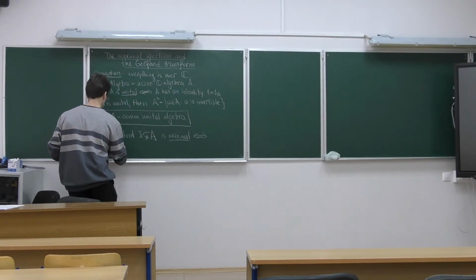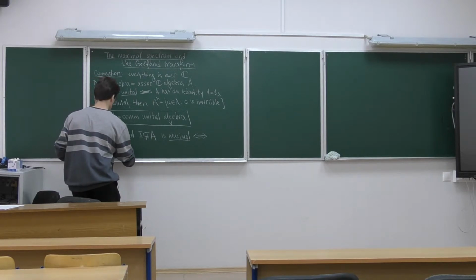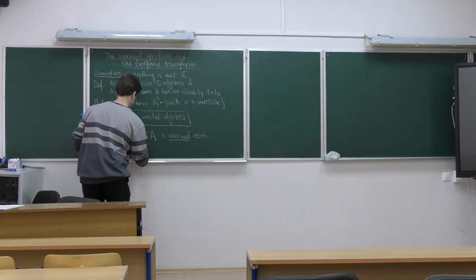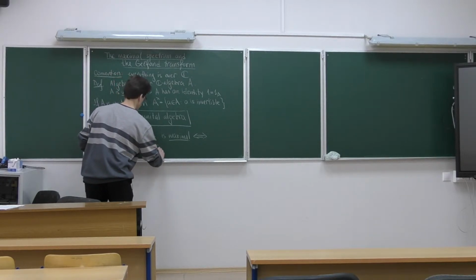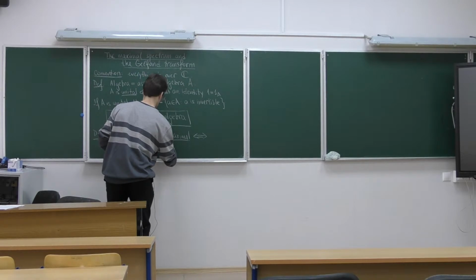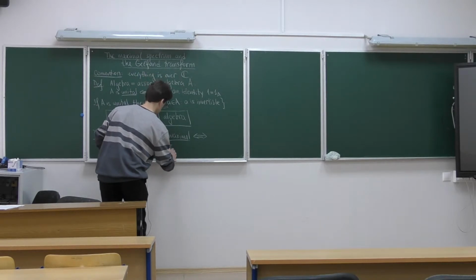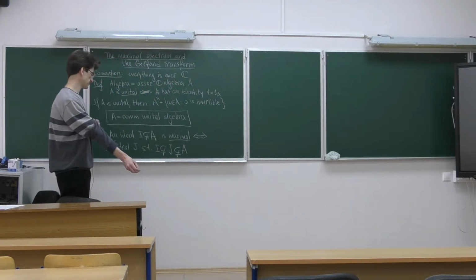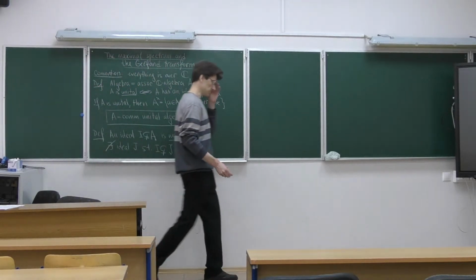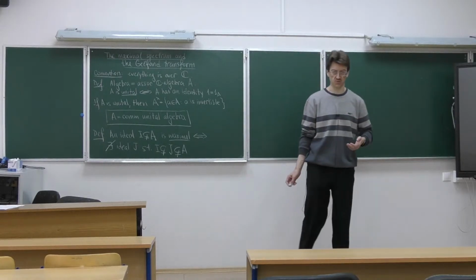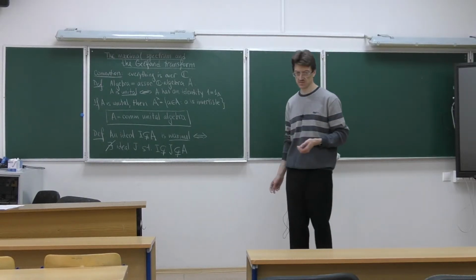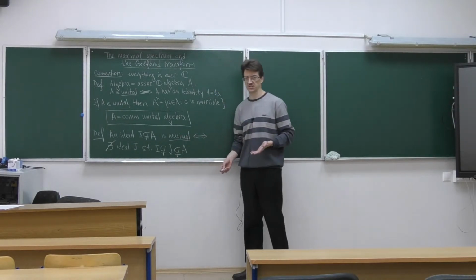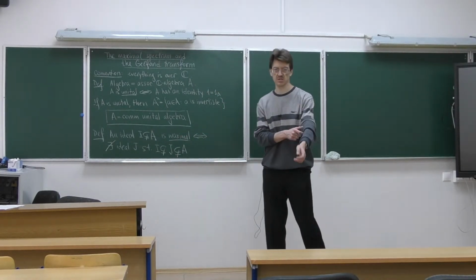That is, if there is no proper ideal J such that I is contained in J and I is strictly smaller than J. In other words, if we consider the partially ordered set of all proper ideals, ordered by inclusion, the maximal ideal is just a maximal element of this partially ordered set.